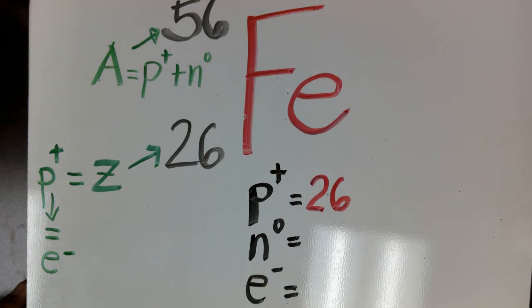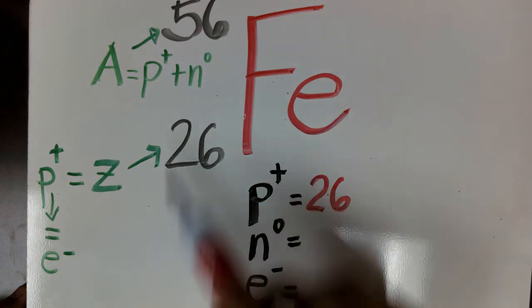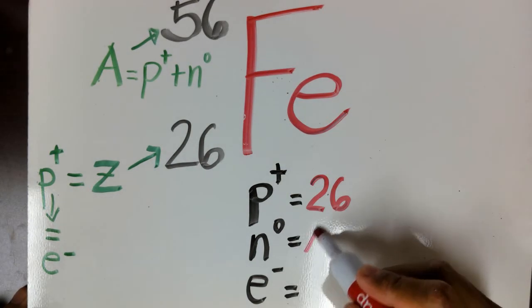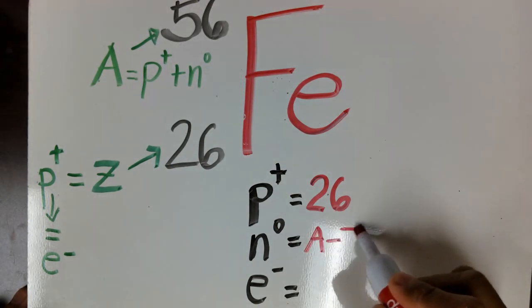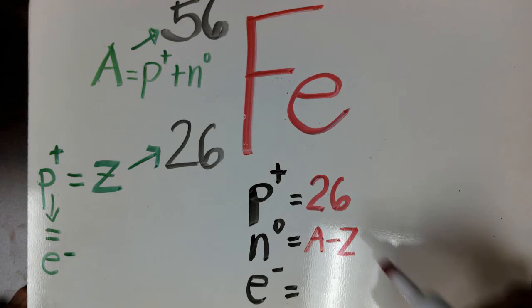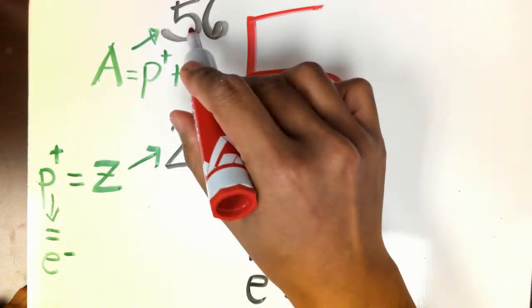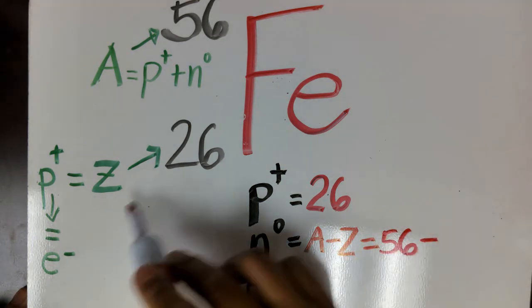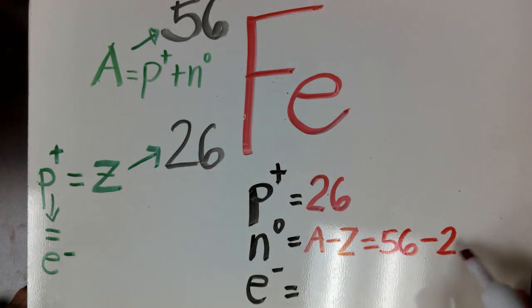Next is the number of neutrons. What is the formula to get the number of neutrons? I don't see it here, but I see it on this side. So I know that the number of neutrons is just subtracting my A minus Z. My A is 56, so that's 56 minus Z, which is 26.